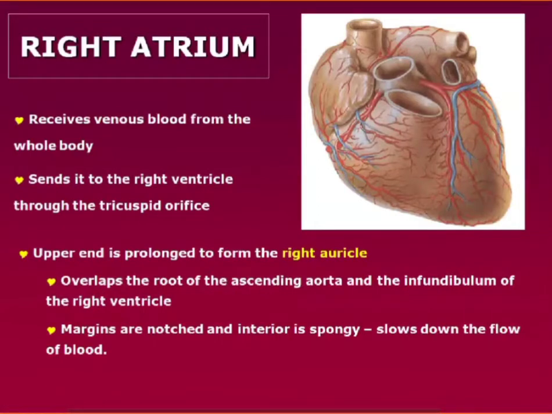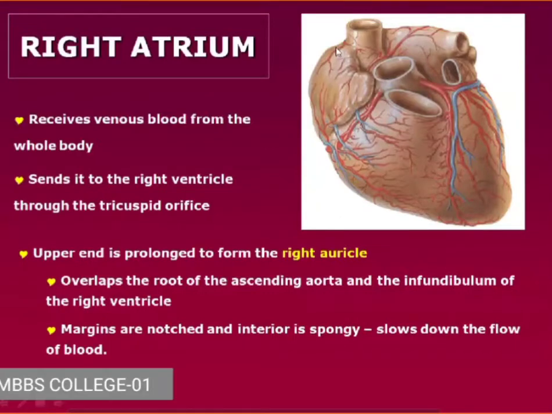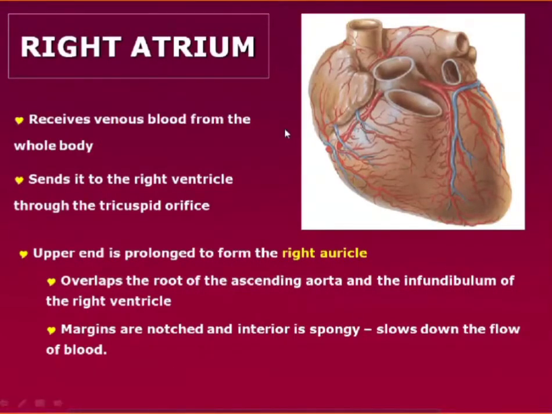Let us review this right atrium. I told you that the right atrium forms part of the sternocostal surface, and the right atrium forms the right border of the heart.